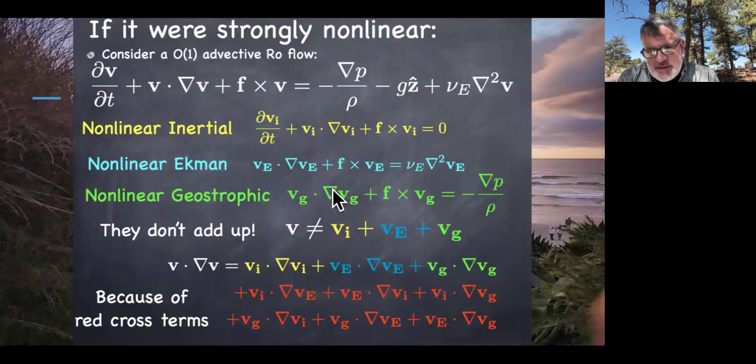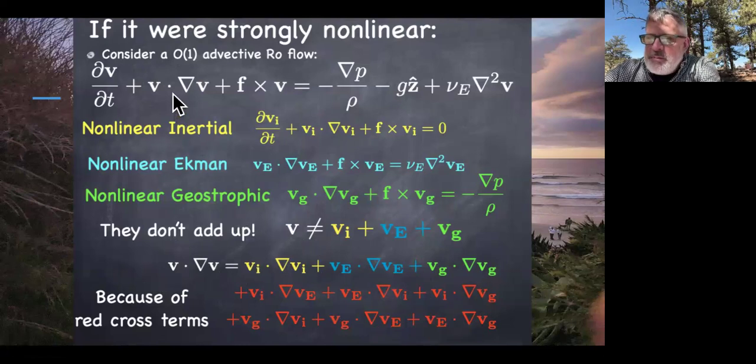Two velocities, two velocities. And so these are not linearly accumulating, so they're not equal to the advection term on the total velocity, because you've got all of these cross terms that are missing, that are in this, but not given by any of these.